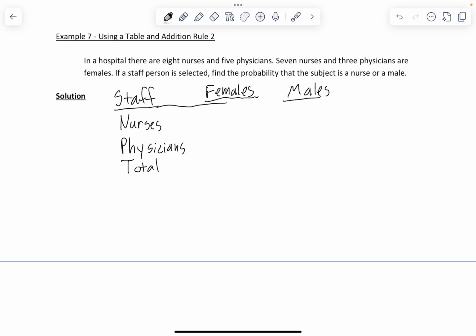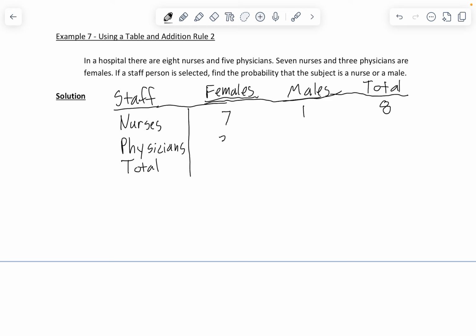Okay, so I got this little table here. So there were 7 female nurses and 1 male nurse. Right? We'll also do a total over here, for a total of 8 nurses.